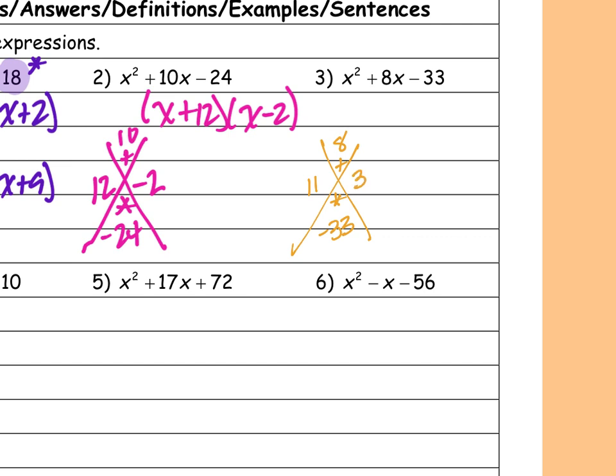And it's a positive 8, so it should be negative 3. 11, 8, 9, 10, 11. Yeah, that's it. Sorry. Oh, my goodness. x plus 11 times x minus 3. My math skills are working in overdrive today, you guys. Any questions so far?